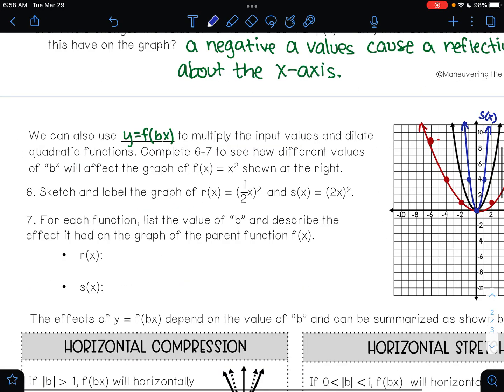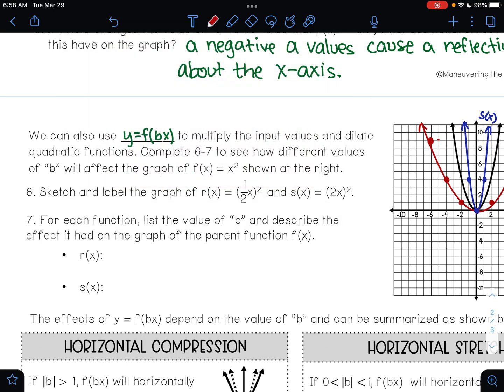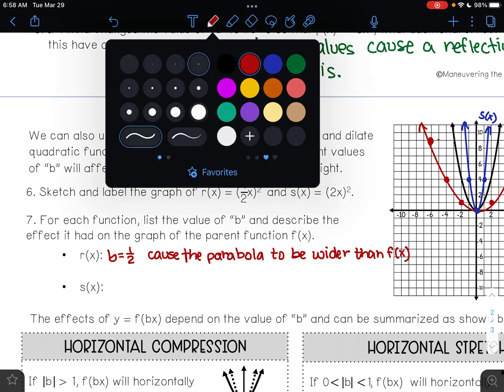So let's compare them. For each function, list the value of b and describe the effect it had. So the b value for r of x was 1/2, and it caused our graph to be wider than f of x. Caused the parabola, let's use math terms, to be wider than f of x.